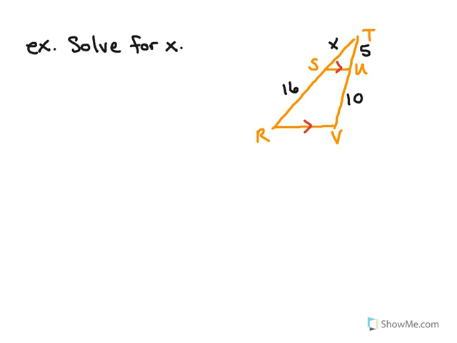Here in this example, we have this triangle over here. SU is my side splitter, as the theorem is called. It's the line that's parallel to RV, and it's intersecting the other two sides, so we know everything is proportional.